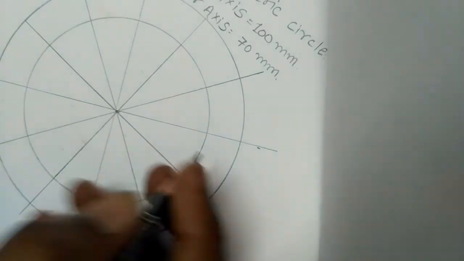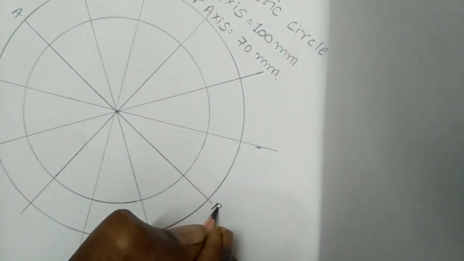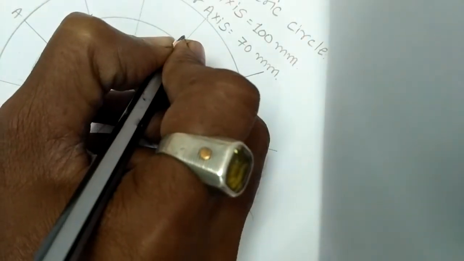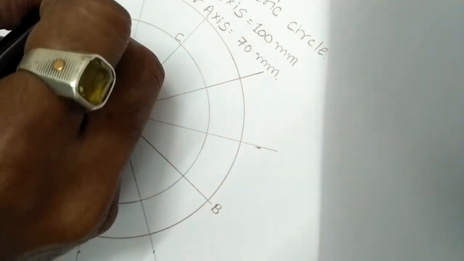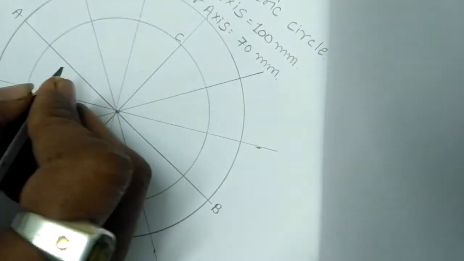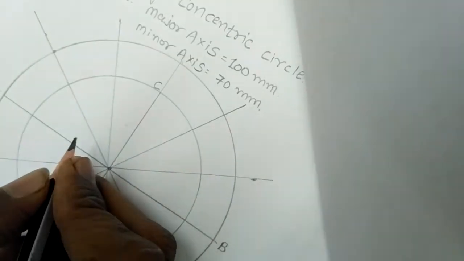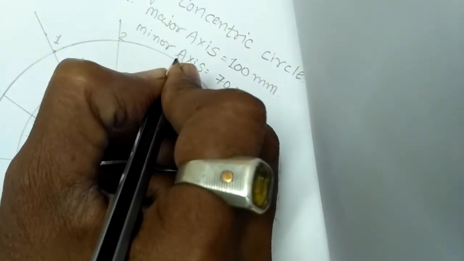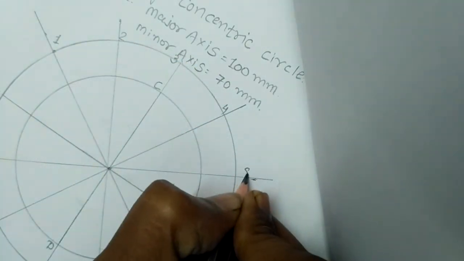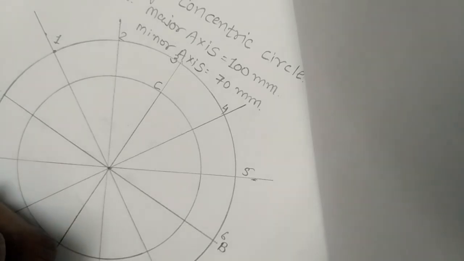Okay, now I will mark the major axis and the minor axis over here. Major axis AB is equal to 100 mm, minor axis CD is 70 mm. Now I will mark point 1, point 2, again here 3, 4, 5, 6, 7, 8, 9, 10, 11 and 12.